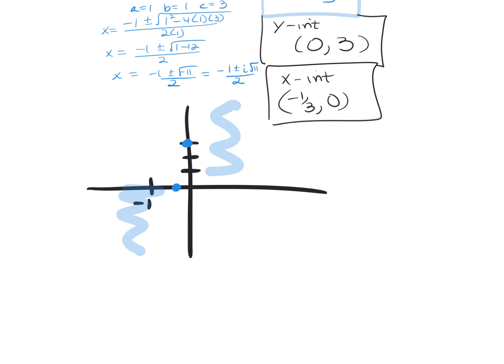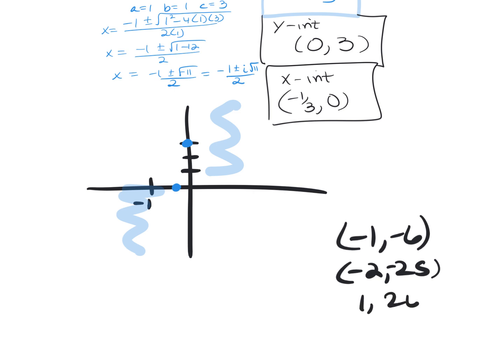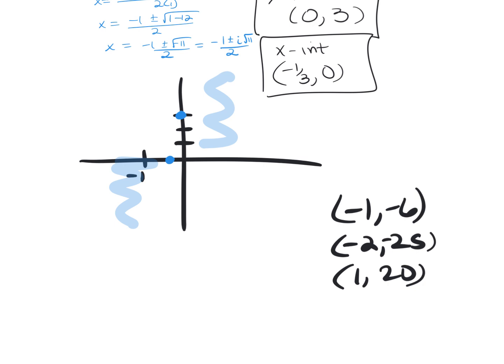So let's figure out what negative 1 is from the second graph. So negative 1 is the ordered pair negative 6. And then let's say we just did negative 2, just to list it. It's negative 25. And then I'm going to list positive 1 and 20 and positive 2 and 63, just to list them.